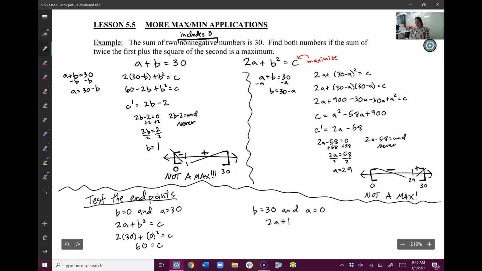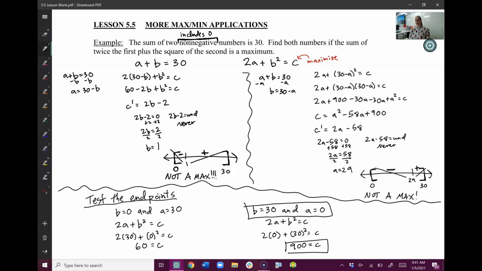Now let's do it over here. So 2 times 0 plus 30 squared equals C. That one's going to be 900. So this is obviously bigger than that, which means those are my numbers that will maximize this answer, give me the biggest answer. So that's it when B is 30 and A is 0.